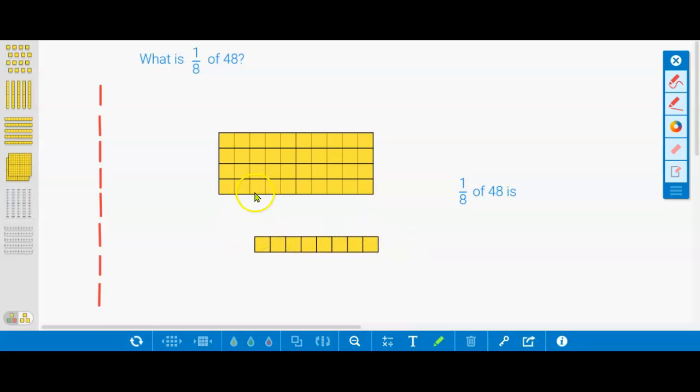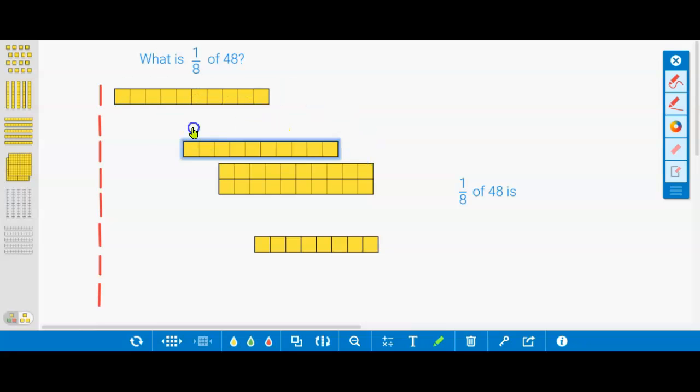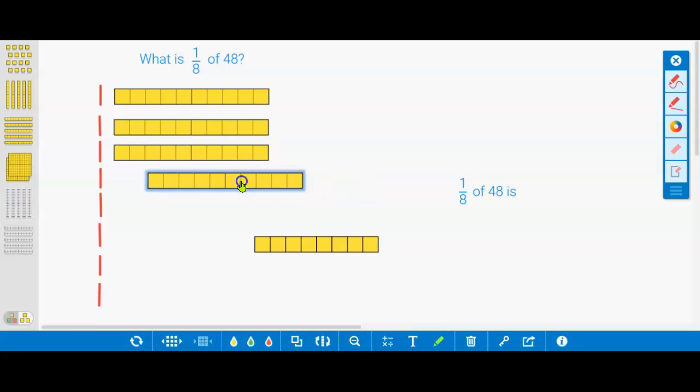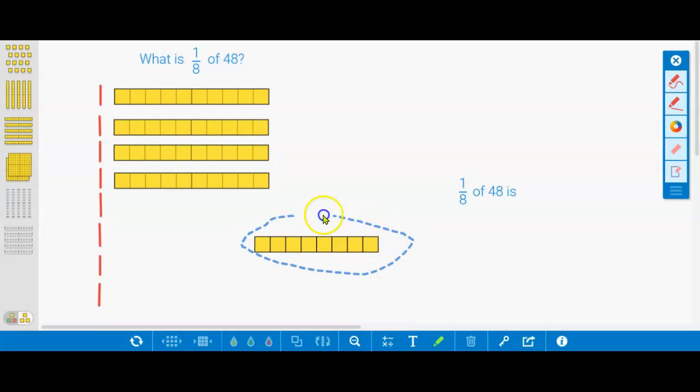Well, all right, now we need to put them into 8 even rows. So this isn't going to work, is it?